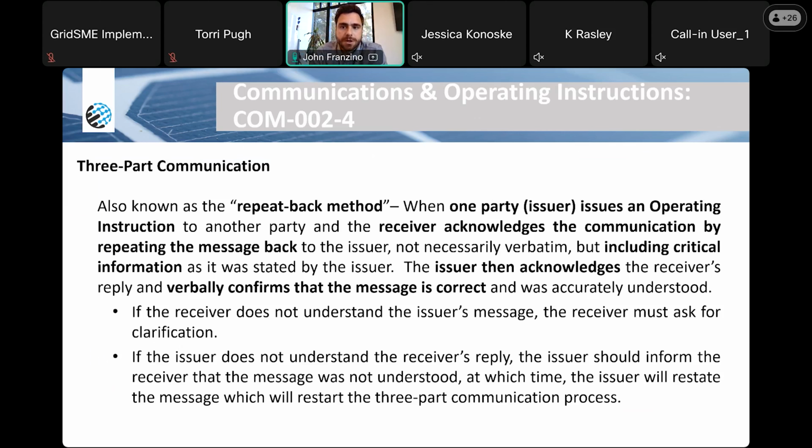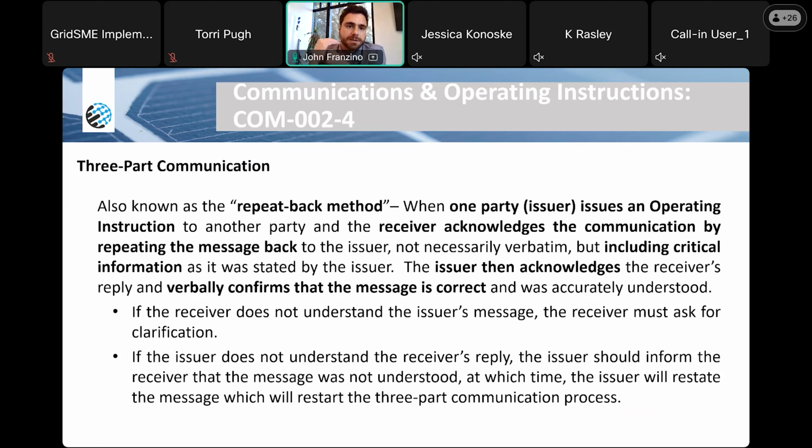I will just also add that while three-part communication is a good practice, whether you're talking with your spouse or getting an order at Chick-fil-A, your operators technically do not need to utilize three-part communication in every single communication they have with other entities.